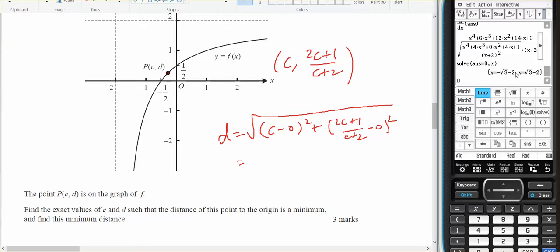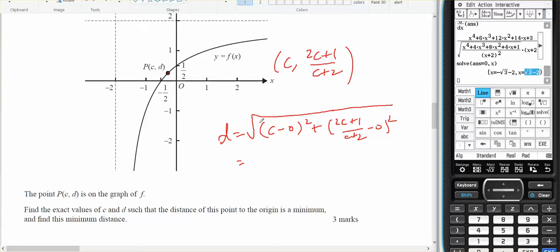This is the one I want because this will be negative, whereas this answer will also be negative. So which one do I want? Let's have a look at these answers in decimal form. Negative 7 is no good because that's all the way over here, but negative 0.2 is the one that I want. So in actual fact I want this one here.